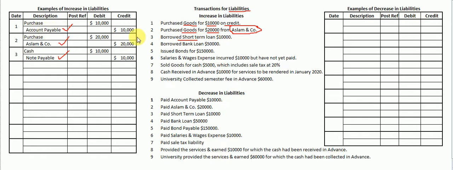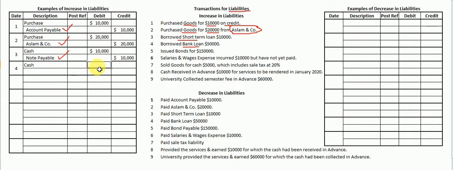Okay, now number 4, borrowed bank loan. So dear students, whenever you borrow a bank loan, it is usually for a longer period of time, more than 1 year, so you can say again your cash account is increasing. Number 4, your cash should be debited. Why? Because when you borrow a loan, it means the cash is increasing. How much?